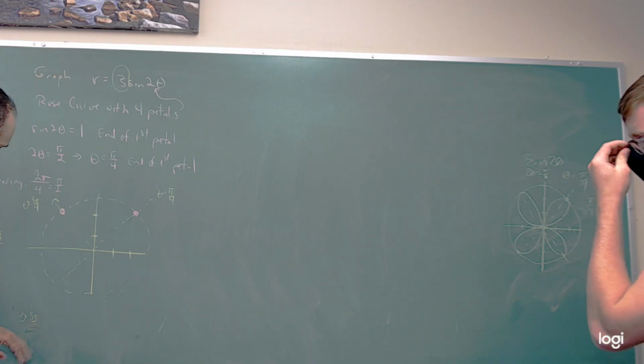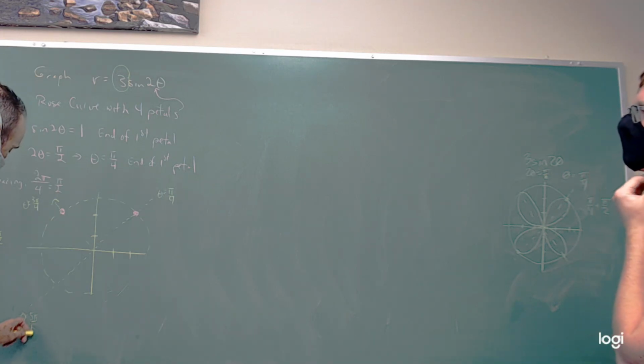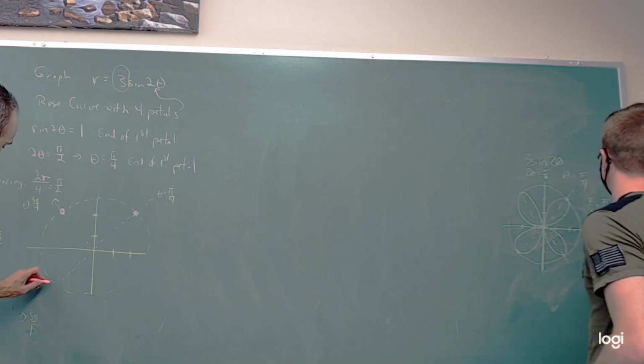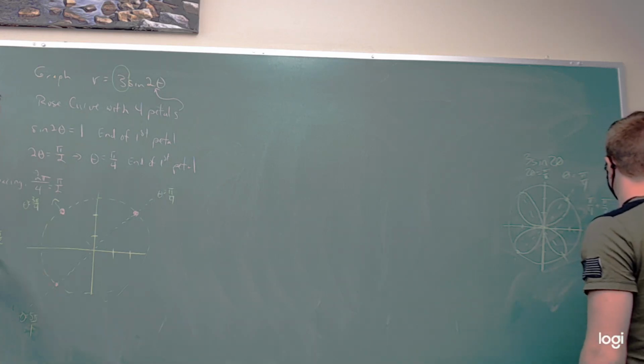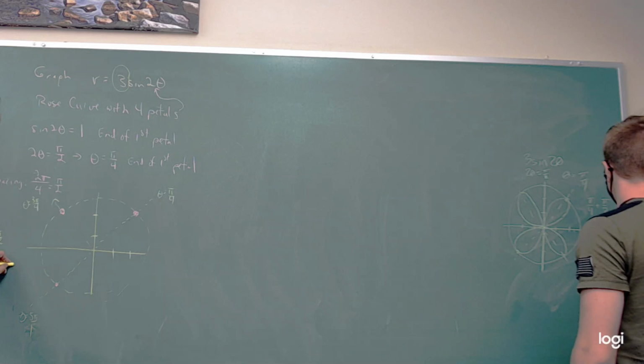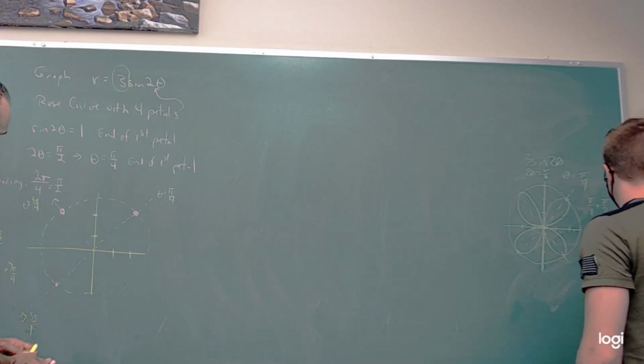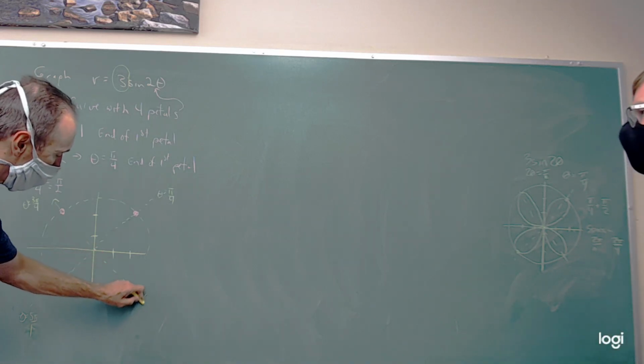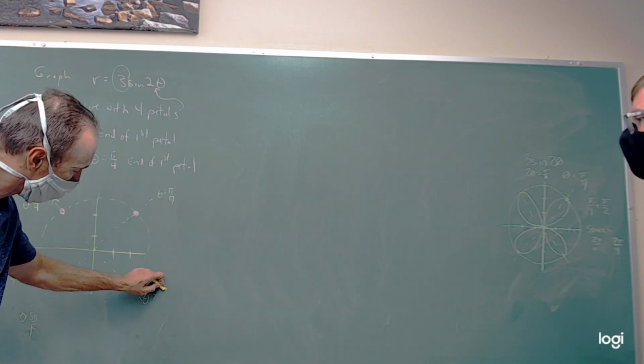Very good. How'd you get the spacing? You just divide 2 pi by the number of petals. Then we'll add another pi over 2. If it's sine, it's pi over 2.